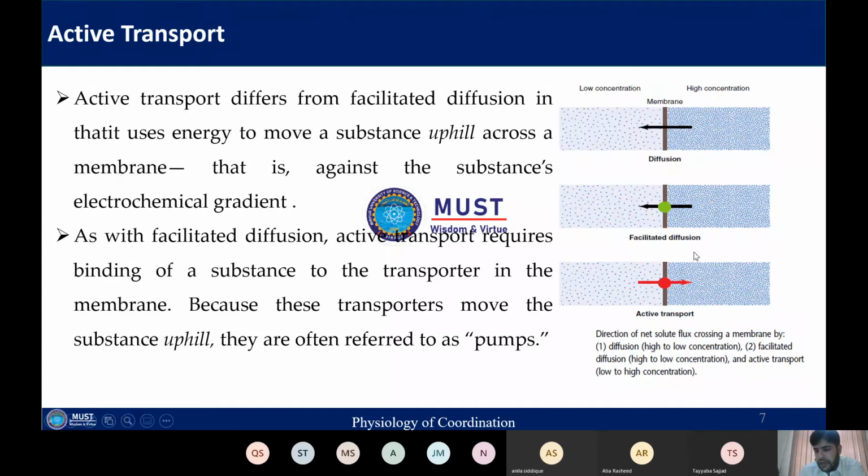Because of the nature of the action of these carrier proteins mediating active transport, moving molecules from lower concentration to higher concentration, you can simply understand this as an uphill movement.